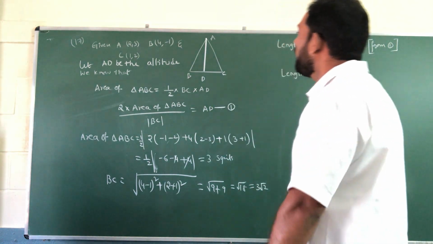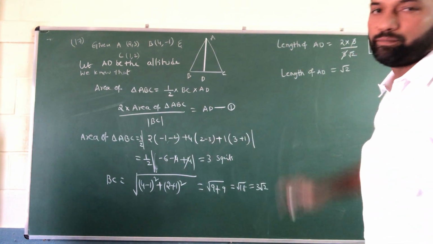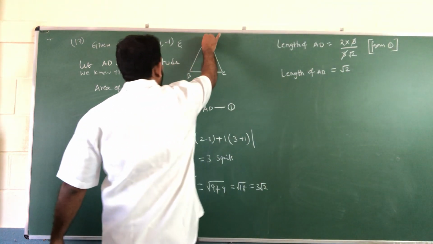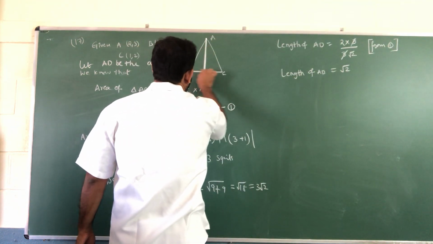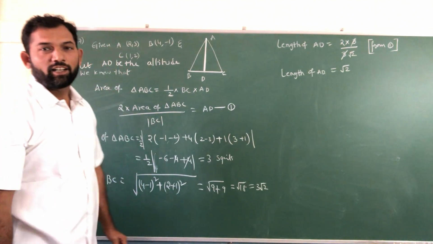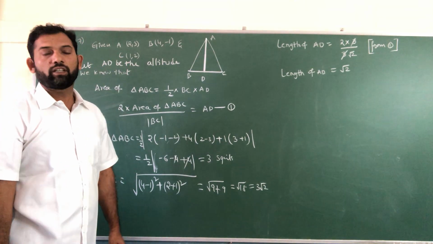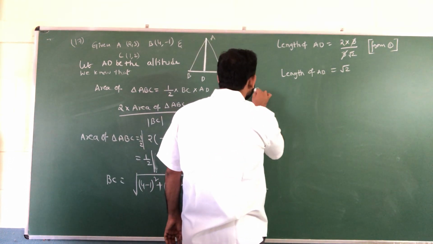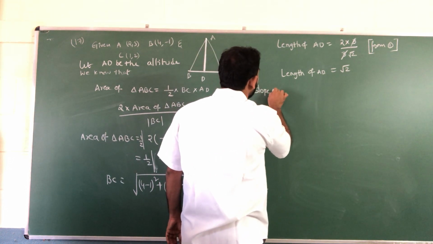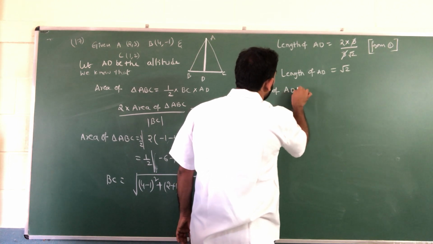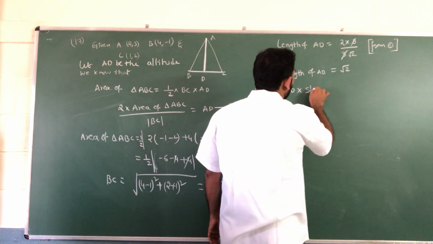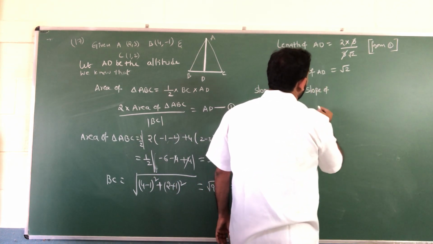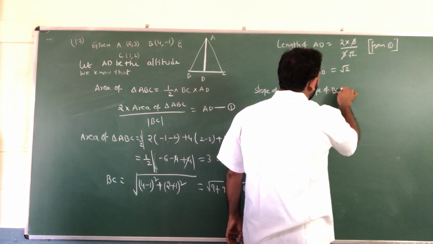Then what about the equation? What is the equation of AD? Now AD and BC are perpendicular to each other. Now you write slope of AD into slope of BC equal to -1.